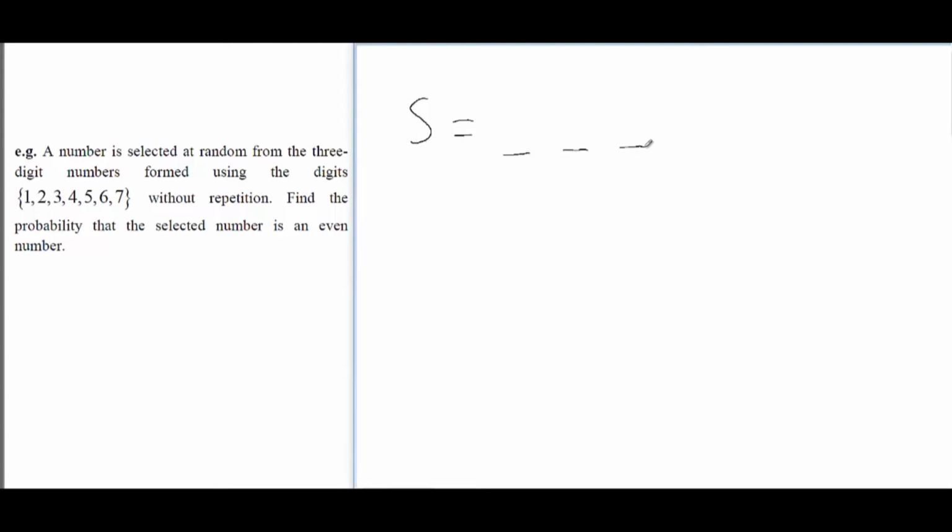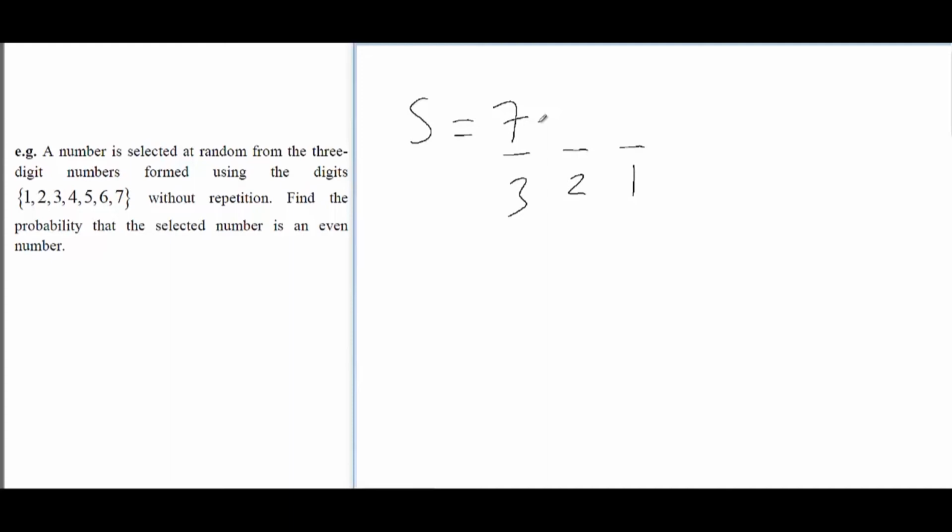For each digit we calculate the number of choices. This is the units digit, this is the tens digit, and this is the hundreds digit. For the hundreds digit, we have 7 choices, times the tens digit, as the question says the digits must be used without repetition.